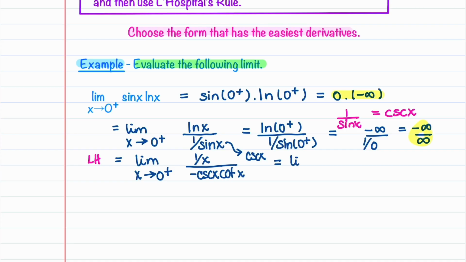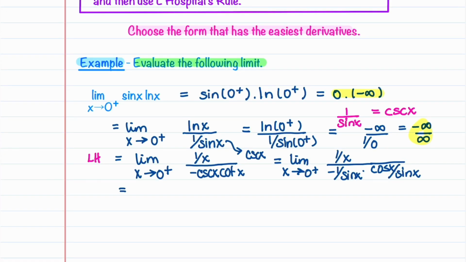to be the limit as x goes to 0 from the right of 1 over x on the top, and then I'm going to write cosecant as 1 over sine x. And then let's put in that cotangent is cosine x over sine x.